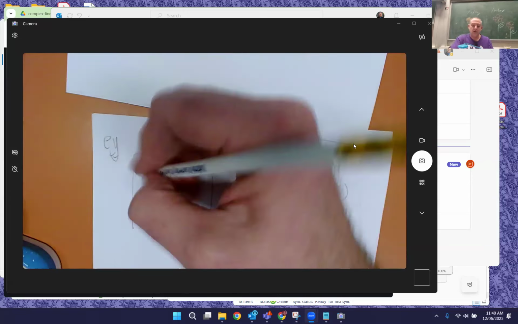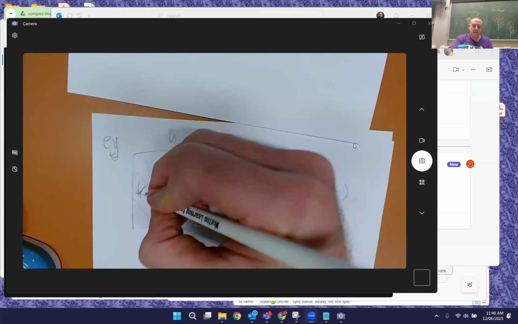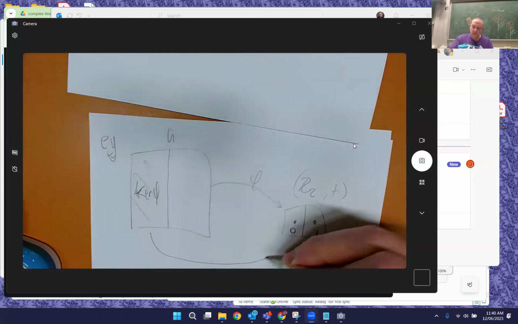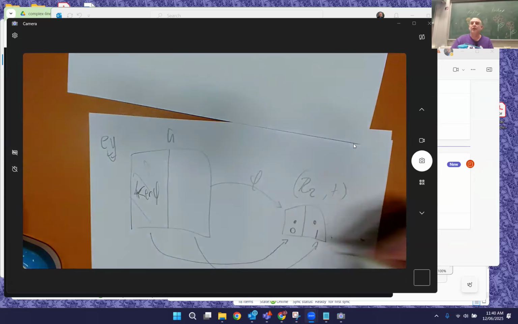And you'll get the kernel of phi, and everything else that isn't in the kernel will end up there. And so this one will go there, and this one will go there.